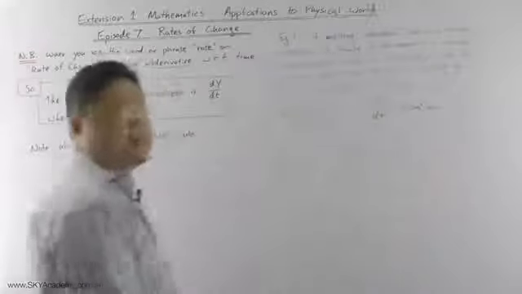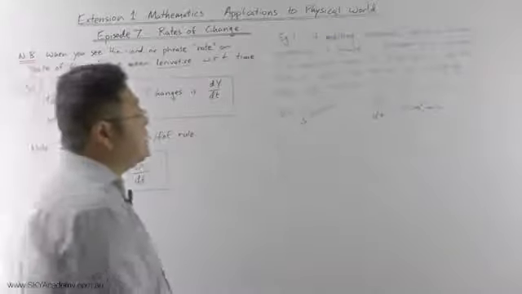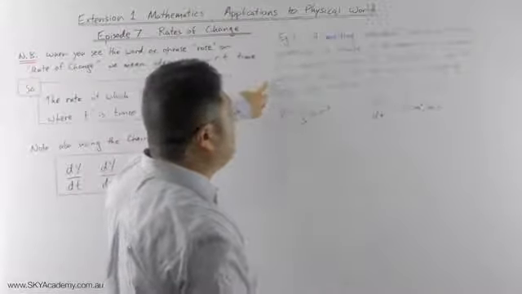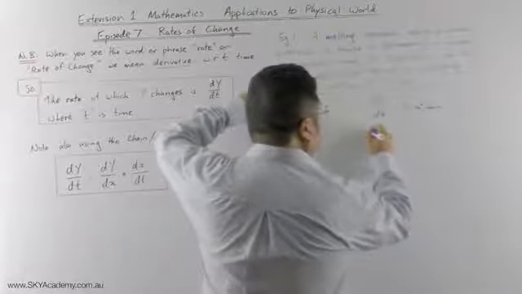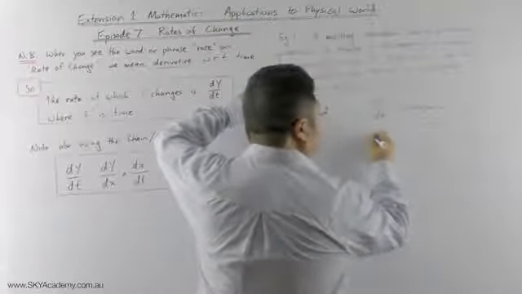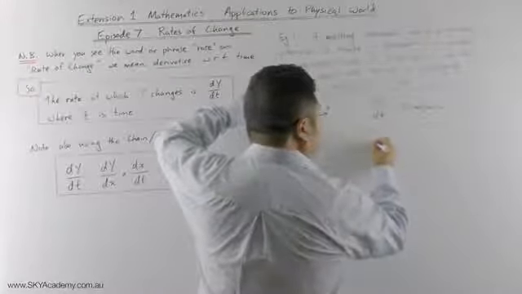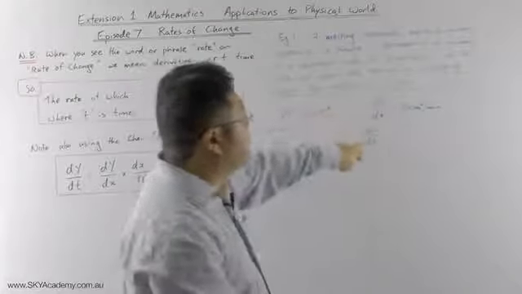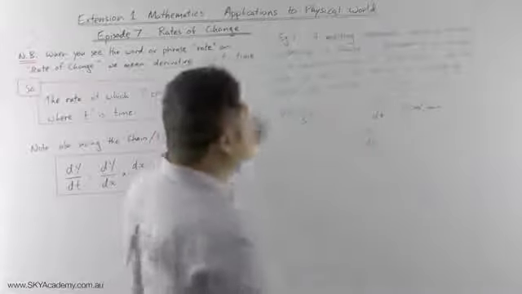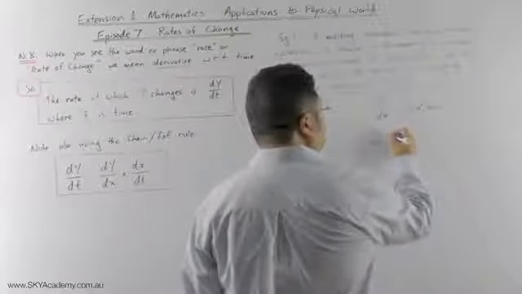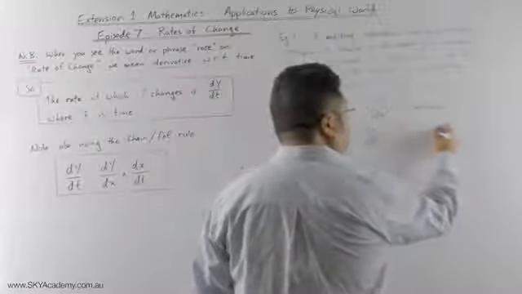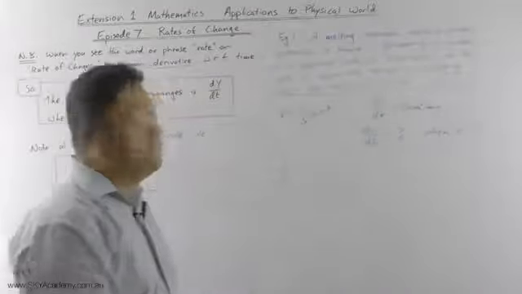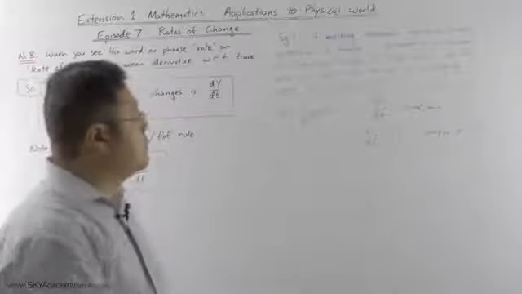Okay, does that make sense? All right, and then it says find the rate at which the radius is changing, which is the dr/dt. So when we see the word rate, we're looking at the change in the radius with respect to time equals what when r equals 4. Do you get that? Cool.